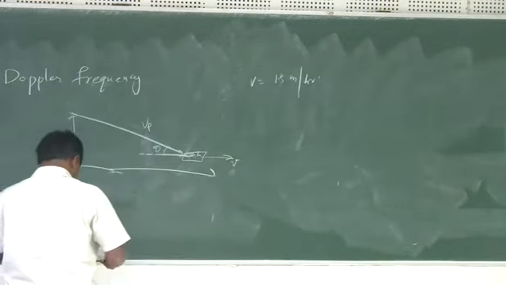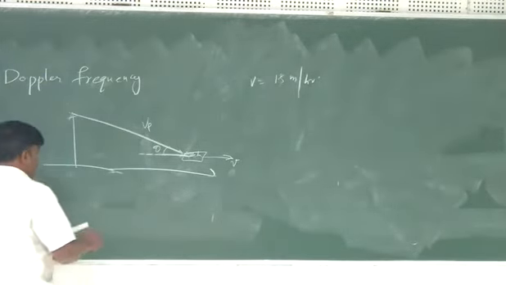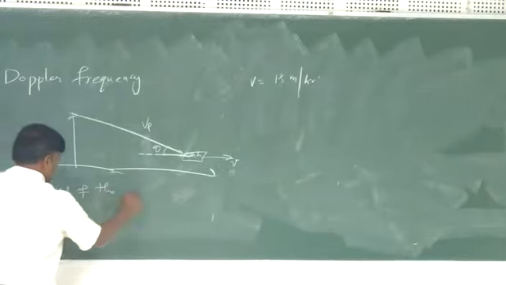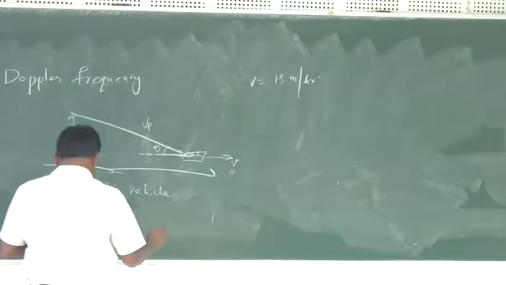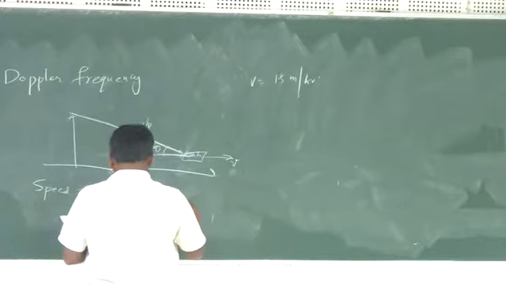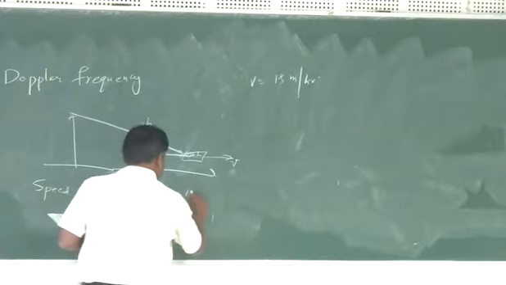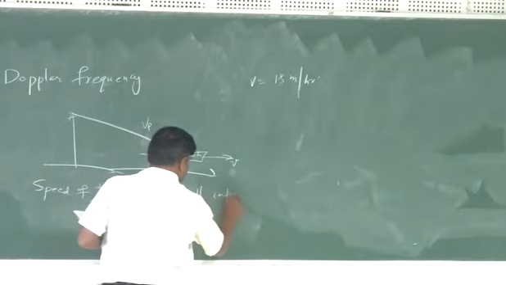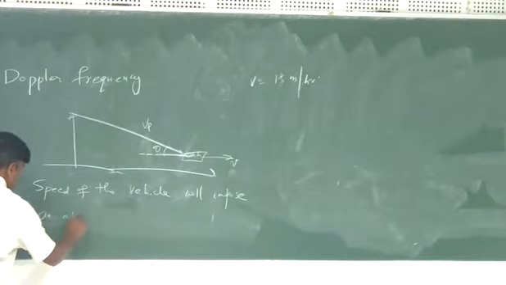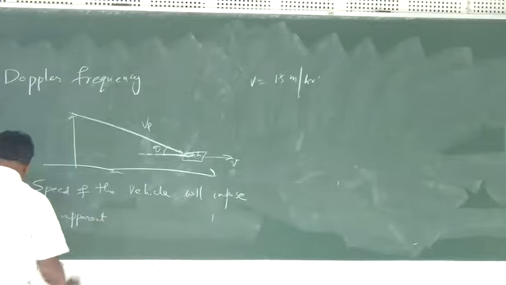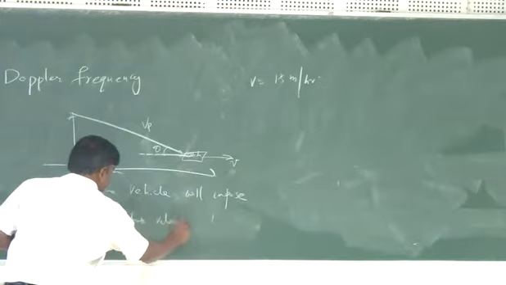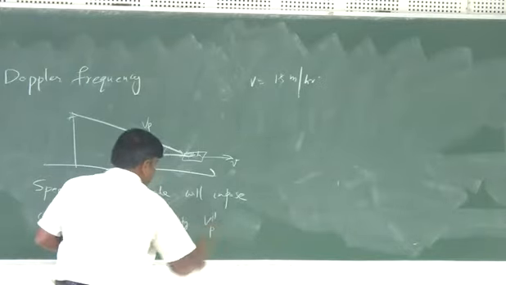The speed of this vehicle will impose an apparent phase velocity. What is this apparent phase velocity? Vp prime.